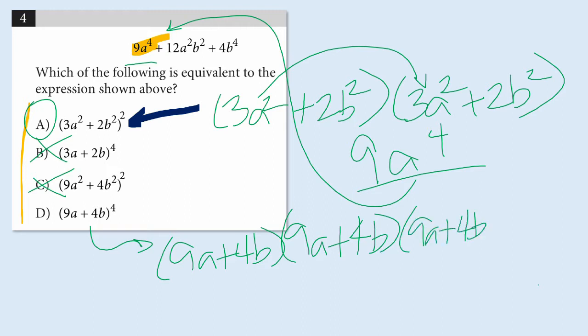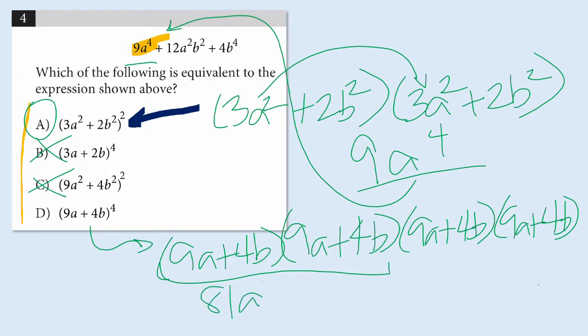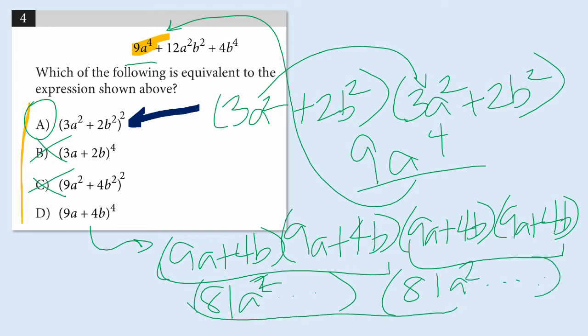And you can see that if I multiply these two together, the a term is going to be 81a squared, and there's going to be the rest of that expression. And if I multiply these two together, the a term is going to be 81a squared, and there's going to be other terms in the expression. And then if I multiply those two together, I'll have an a to the fourth expression, but the coefficient is going to be way too big.